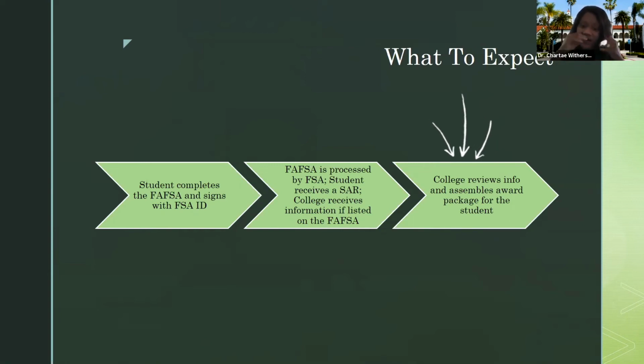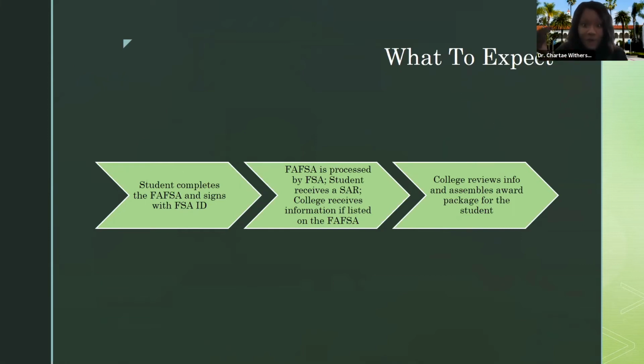So in the part of the FAFSA, you put in there what school you want this information to go to. The FAFSA, that information is sent over to the college, and they're going to determine how much money you're eligible to get, right? When the college receives that information, they're going to review it and they're going to put an award letter together for you, an award package.